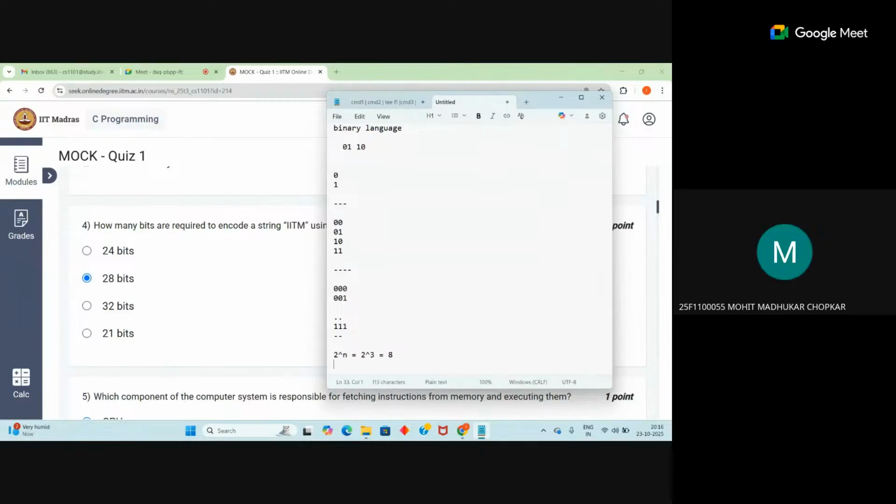Suppose I take 1 byte of data. One byte means 8 bits.